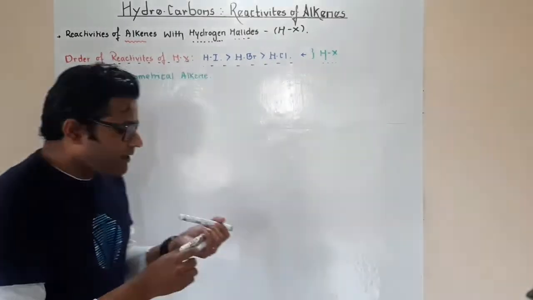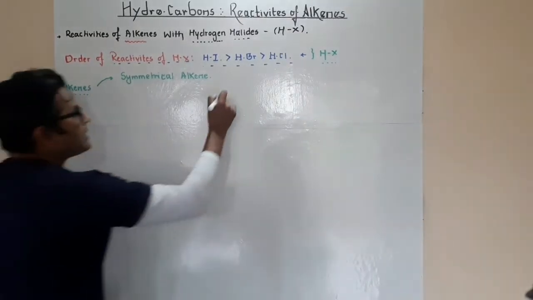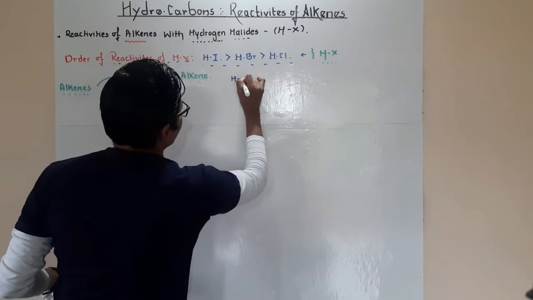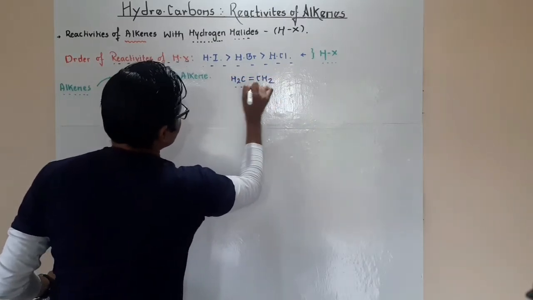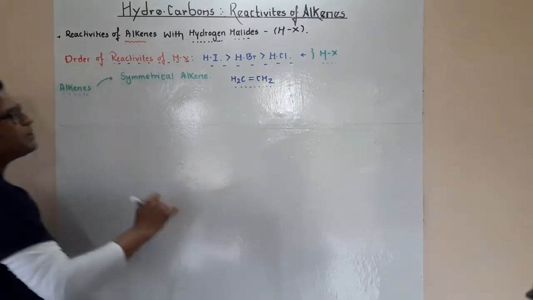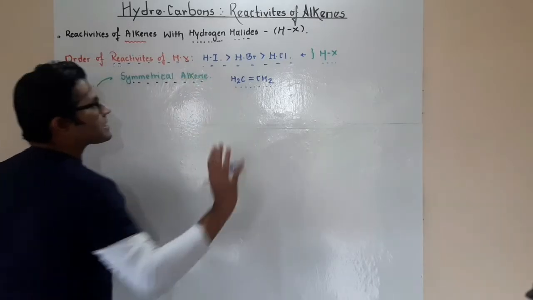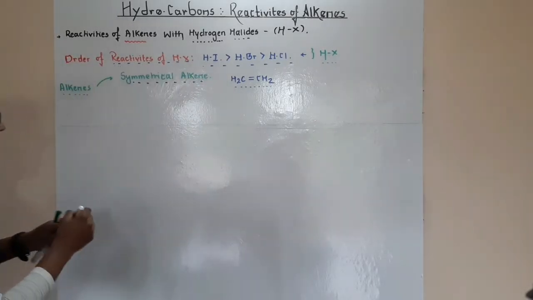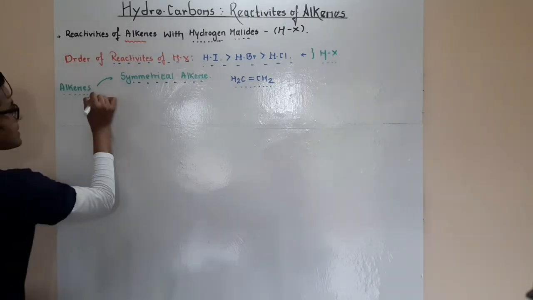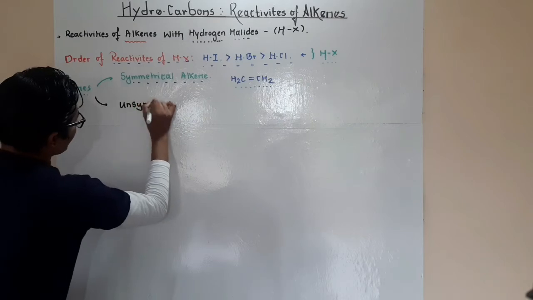So if we have symmetry in these alkenes, for example ethene, this is a common example of a symmetrical alkene. The second type of alkene which we can categorize is the unsymmetrical one.